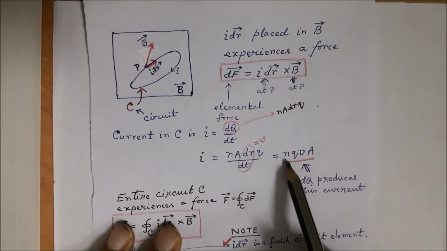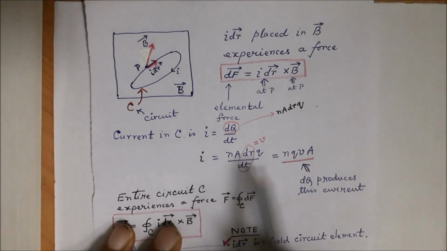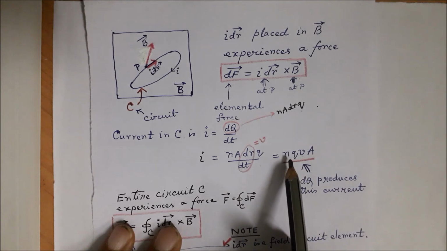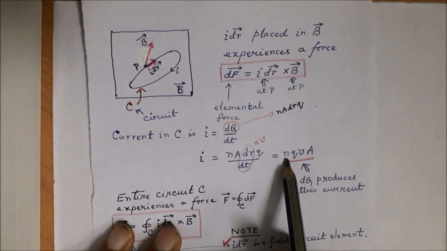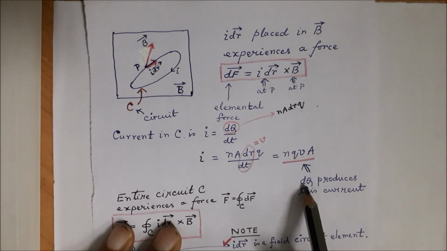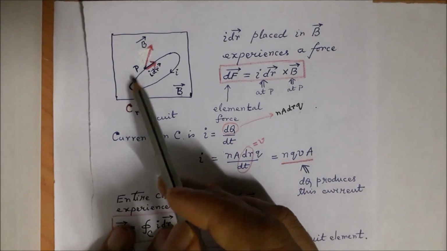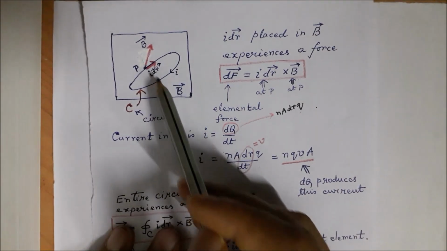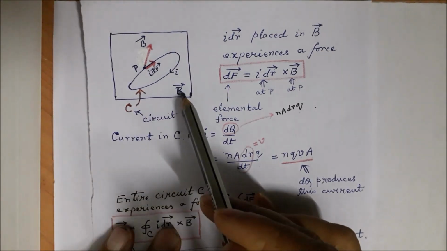So this is the current I that is generated due to flow of dq in time dt through this circuit, which is placed in a magnetic field B.